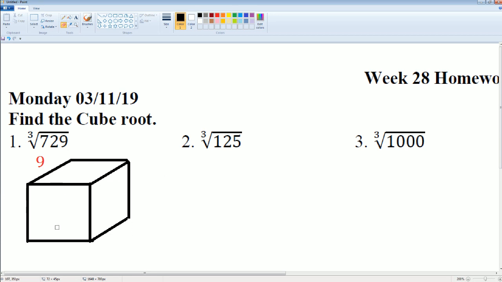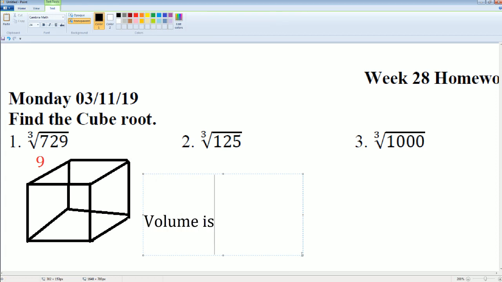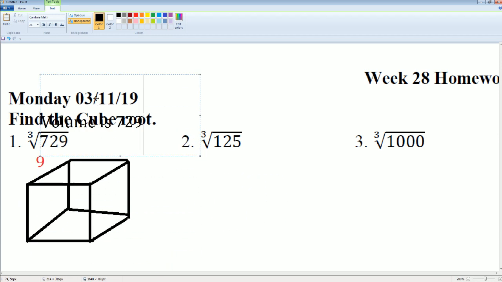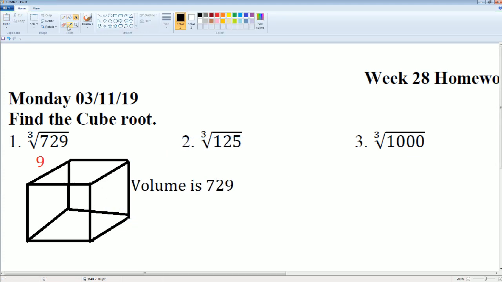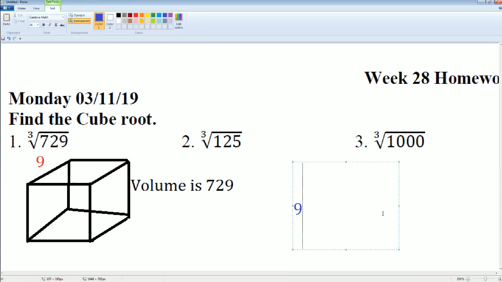If the volume on the inside of the cube is 729, that means each side is going to have a value of 9.